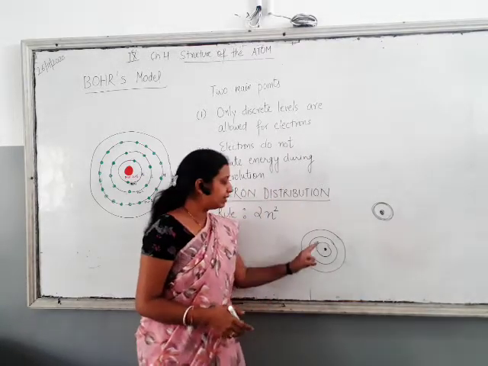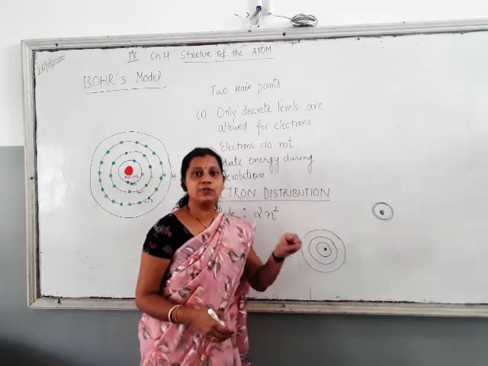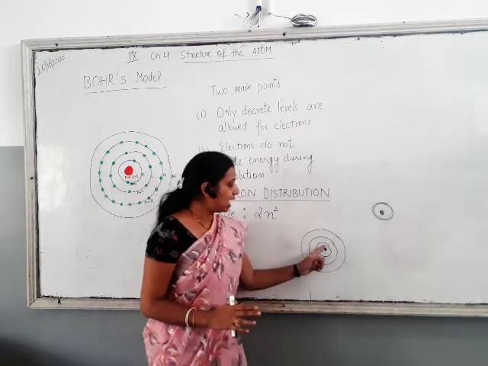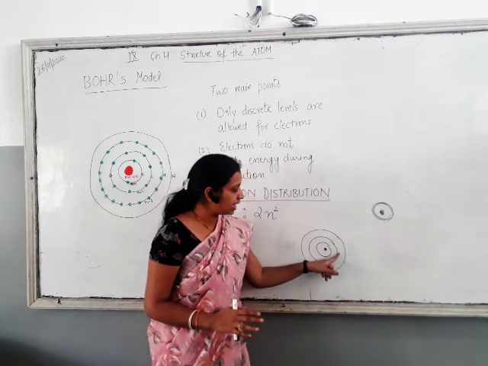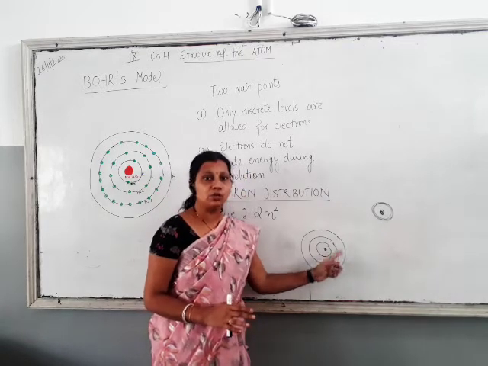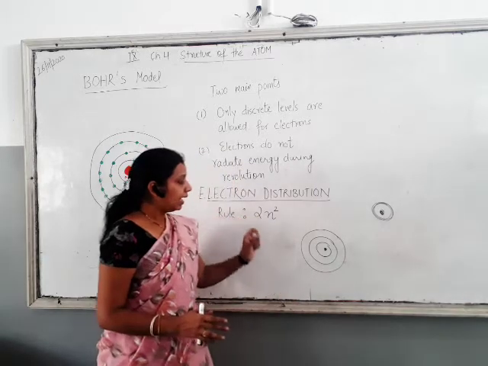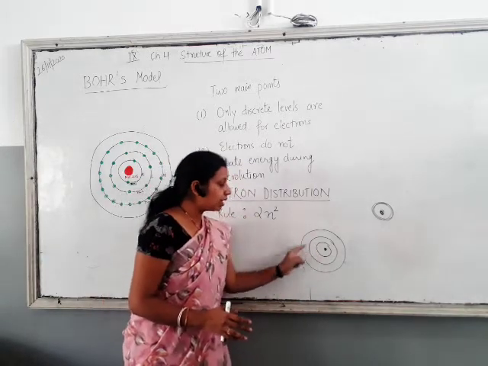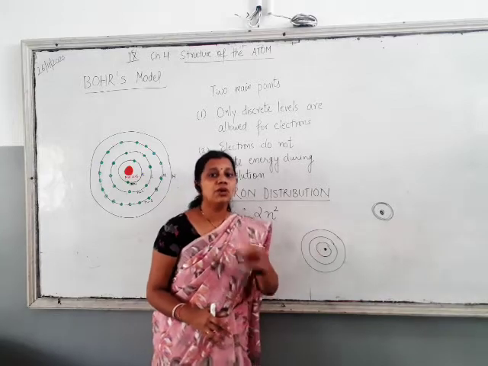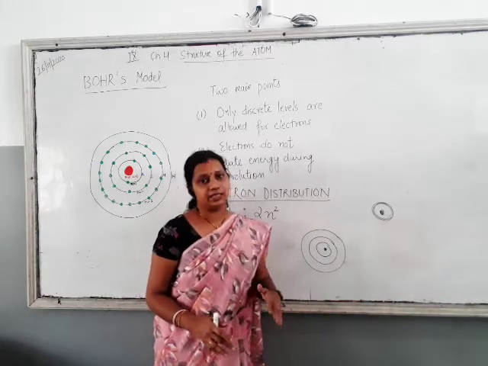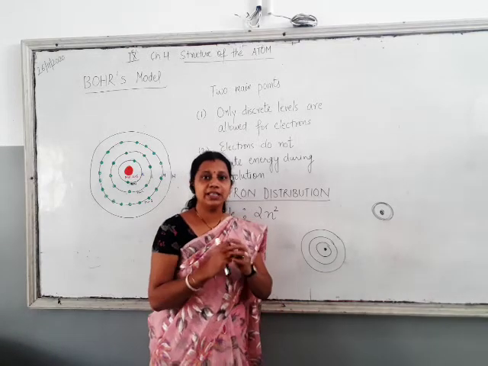That means they are in different levels. And each level has its own capacity to fill electrons. It is a fixed one. It is not like this can have 10 electrons, this can have 4, this can have 18. No, this number is also fixed. And the electrons which are revolving around do not radiate energy. They are in their minimum energy state. That is the minimum energy they can hold.